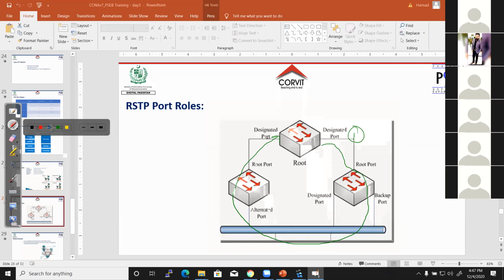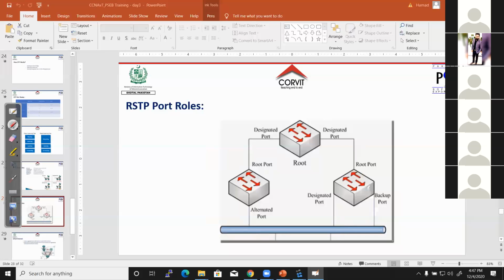How? You can see this is one way of a loop occurring, the first one. And then this way, this is the second way, the blue one. And then this is the third way. So in order to prevent the loops, these two ports will be in the block state.